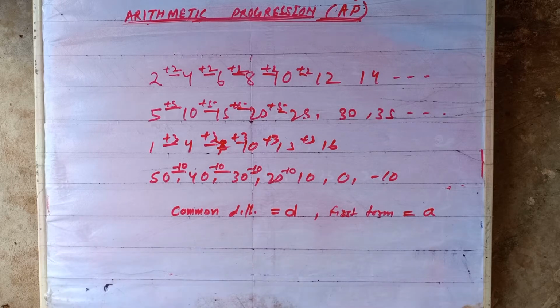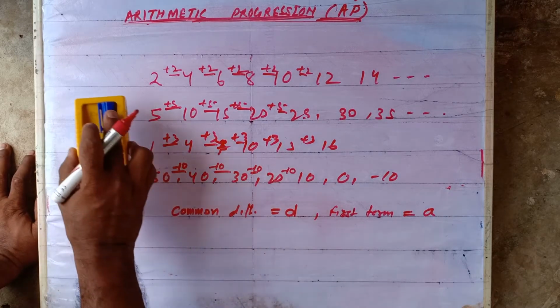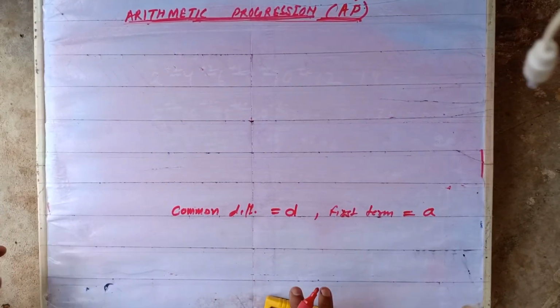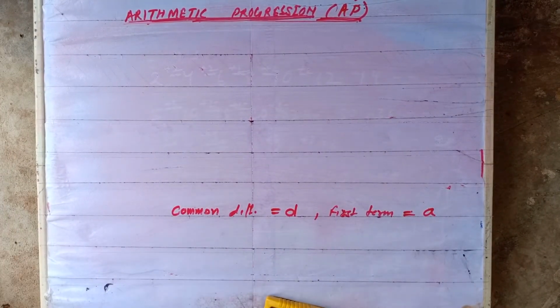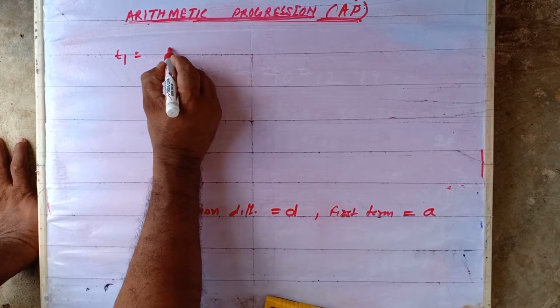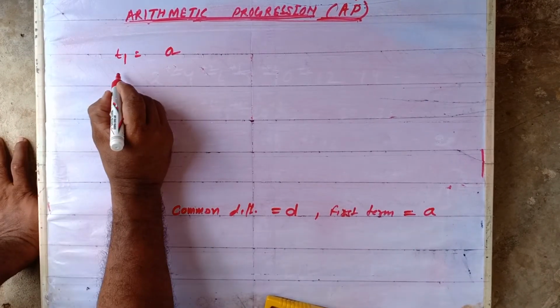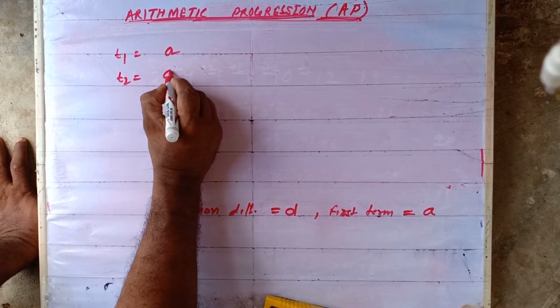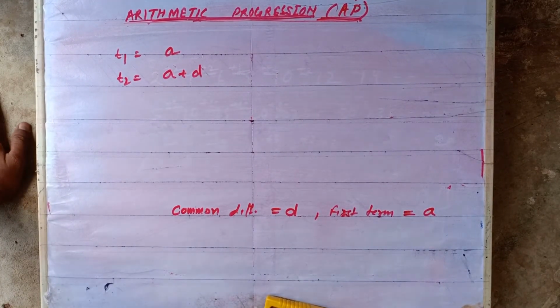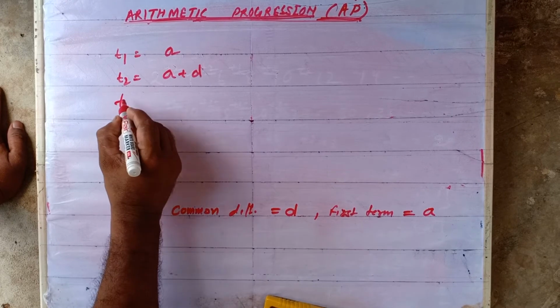How will we find the general term? Let me erase this. We found that each next term of an AP is increased by the common difference. So T1, the first term, is equal to a. T2, the second term, is a plus d.